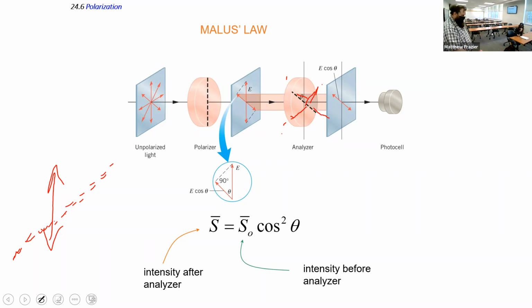Then it goes to the horizontal one, and it's going to select on the horizontal orientation. There'll be another angle involved, right? It'll be 90 minus the first angle, but cosine squared of theta times cosine squared of 90 minus theta is not zero. So some light must get through. So light only can't pass through when it's directly perpendicular to what's being selected. Yes.